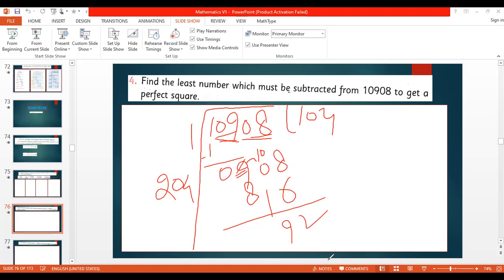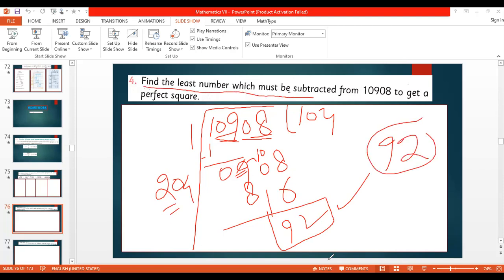So 8 minus 8 is 0. So this is the remainder. This is less than that, so this number will be our answer. 92 is your answer. The least number which must be subtracted is 92, to get a perfect square.